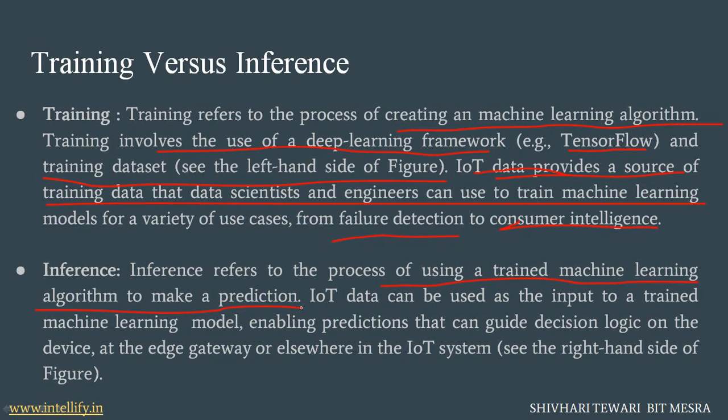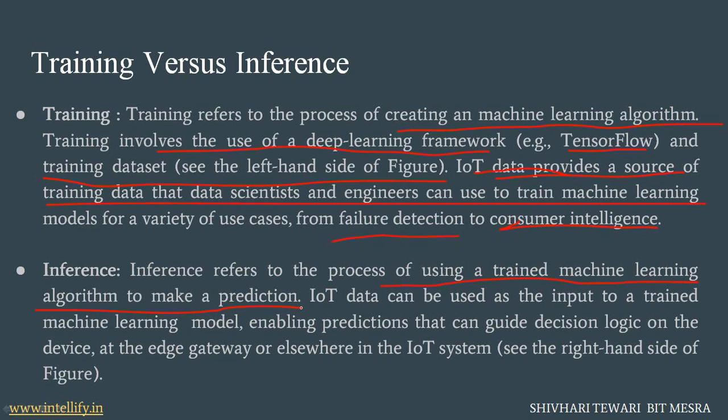In training we were creating an algorithm, and in that algorithm we were adding some data sets. That data set was provided by IoT, and the data scientists and data engineers use that data set to train machine learning models.